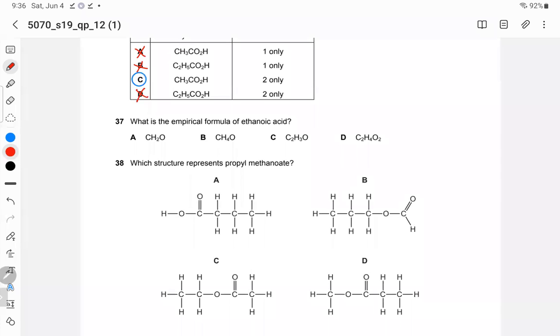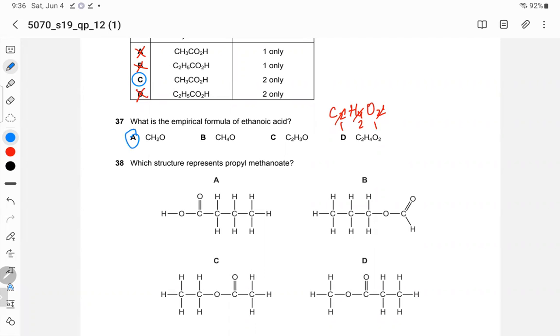Ethanoic acid is CH3COOH, which means it's C2H4O2. Yeah, A. Because when I simplify it, I will get 1, 2, 1. So CH2O. So A is the correct answer. जी यहाँ तक क्लियर है सबको? Yes, sir.